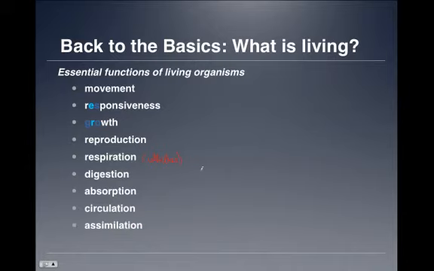They have to have the ability to do what's called assimilation, to take in and assimilate things that they need from the external environment. And they also have to have the ability to excrete wastes, so to get rid of any waste products.